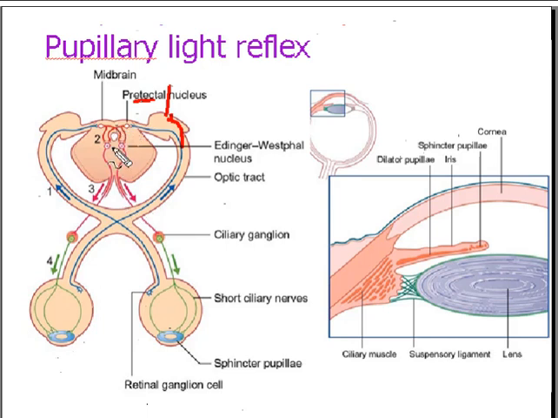So it goes to the third nerve parasympathetic nucleus, which is the Edinger-Westphal nucleus, of both sides. You can see it's going to this side, the ipsilateral, and you can see it's going to the contralateral side. So in other words, it stimulates the Edinger-Westphal nuclei of both sides. And this is called the consensual light reflex.